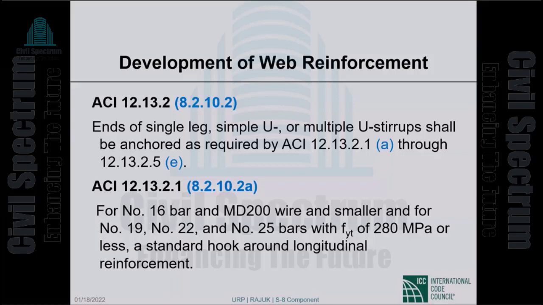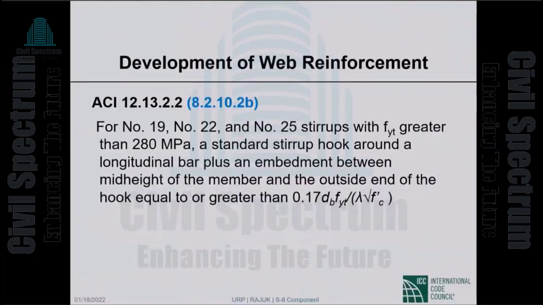So you have stirrups, you will have standard hooks around longitudinal reinforcement, and your stirrups are fully developed. For number 19, number 22, number 25 stirrups, F sub YT greater than 280 MPa. So now this is larger bars and kind of standard 60 KSI or whatever, not the old 40 KSI strength.